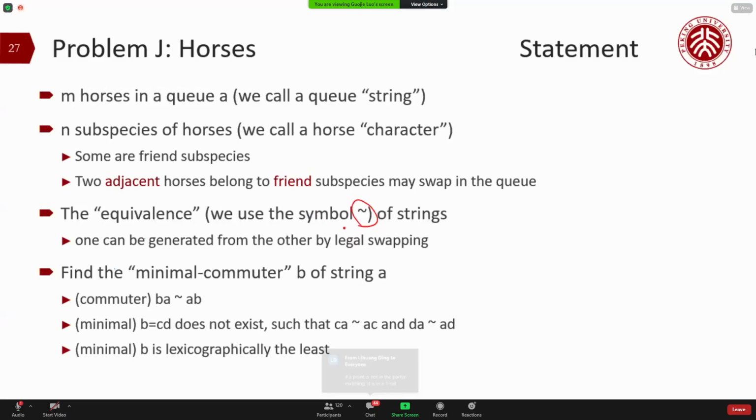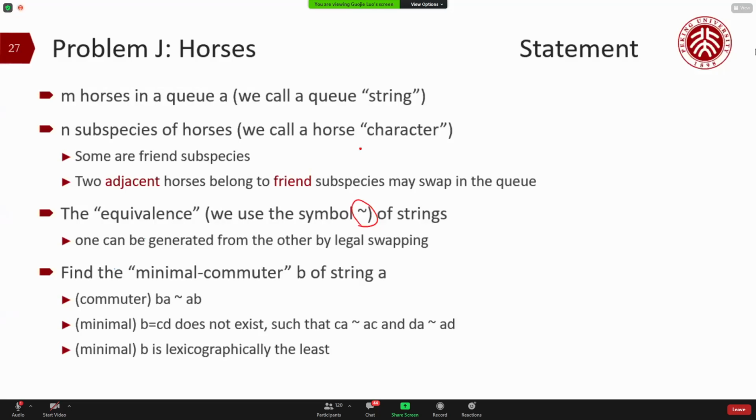So what is a legal swapping? There are some friend characters, so we can swap their locations if they are adjacent and friends. If we can generate one string from another by these legal swaps, we call these strings equivalent.